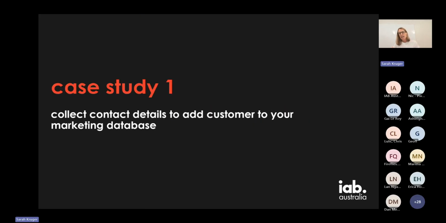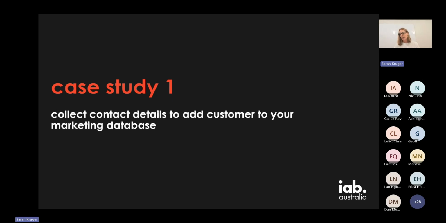Practical case studies. I'm now just going to talk about 3 questions that you all might get asked in your business that link commercial use of data with privacy regulations. The first is a super simple one, collecting contact details to add a customer to your marketing database.